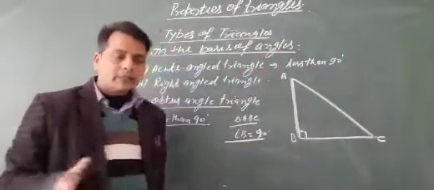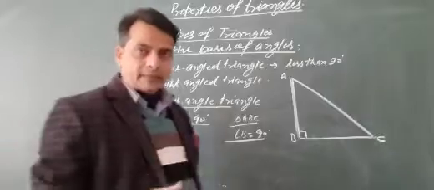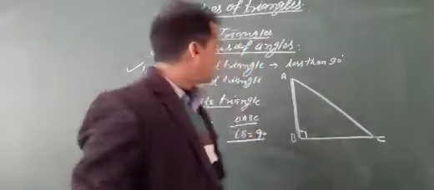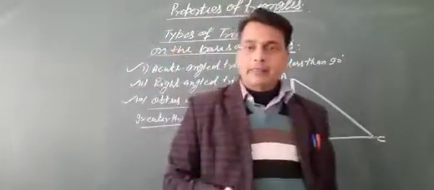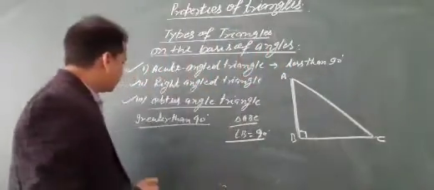So, classification of triangles on the basis of angles: there are three types. First is the acute angle, second is the right angle, and third is the obtuse angle.